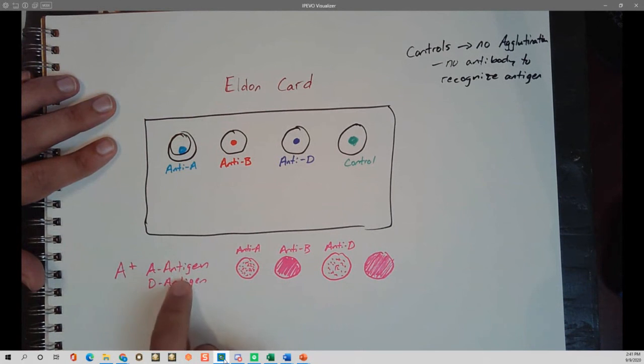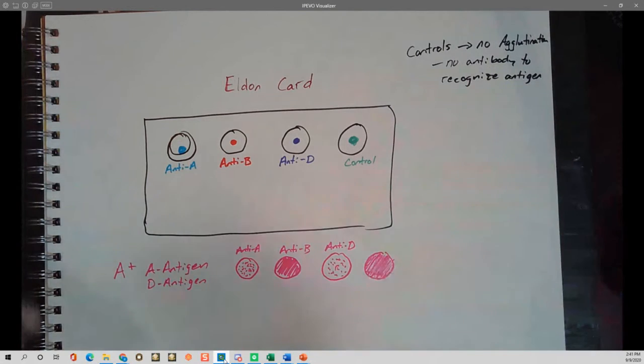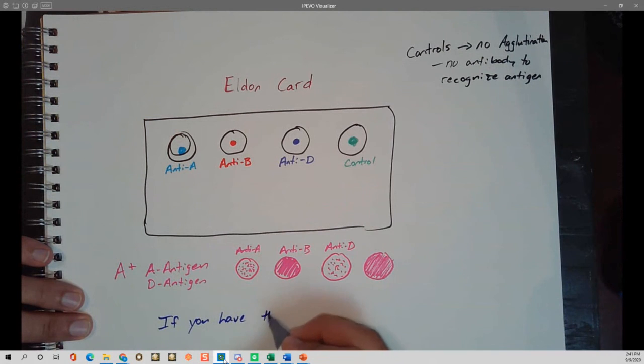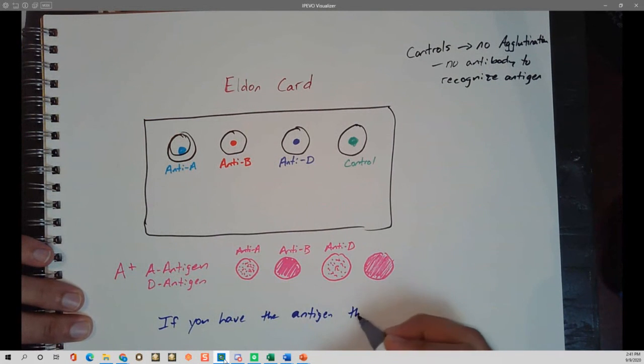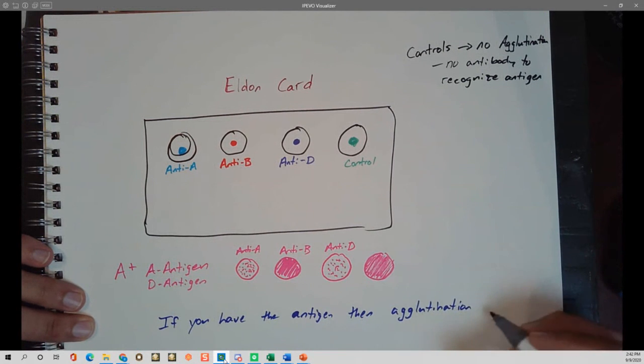Therefore, if you have the antigen, it will agglutinate. It's that simple. It's a really, really simple idea. If you have the antigen, then agglutination occurs.